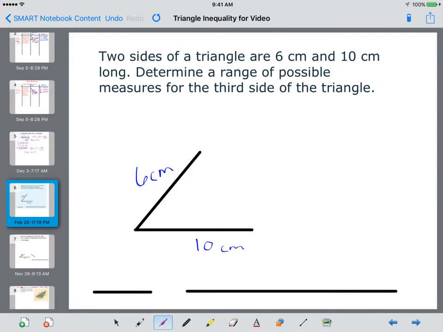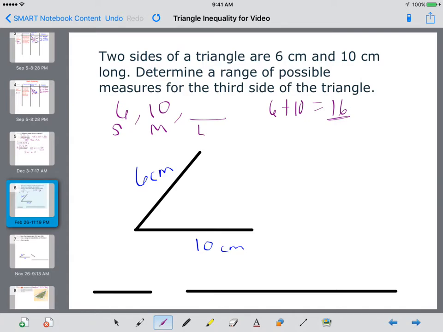So what we think about is, let's suppose we have 6 and 10. And let's say 6 is the small, 10 is the medium. That means we're missing the large side. Well, we have a range because we have two numbers, 6 and 10. If we added 6 plus 10, we would get 16, meaning 16 itself is too high, but anything just under 16 would work.